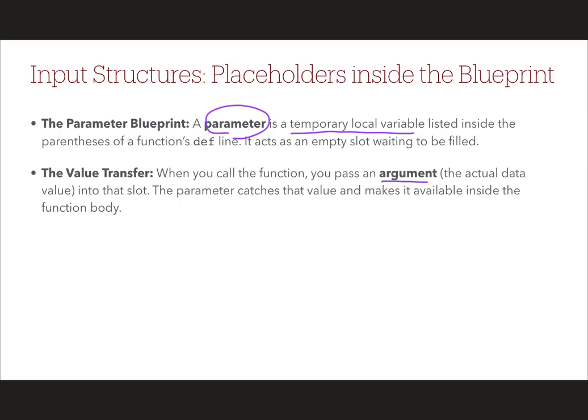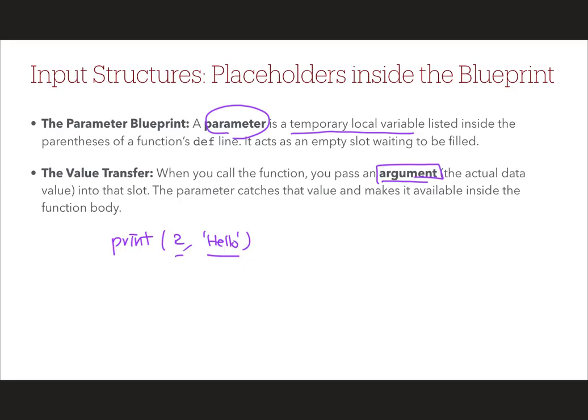So for example, when you call a print function, you provide certain value or values to the print function. Say, if I print 2 or hello, then those two values are given to the function print. So these two values are called arguments.